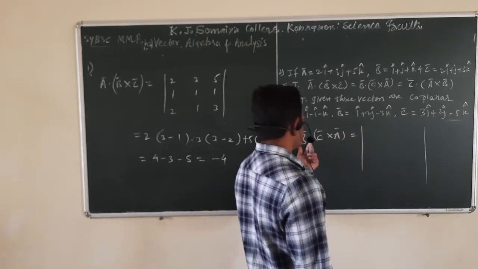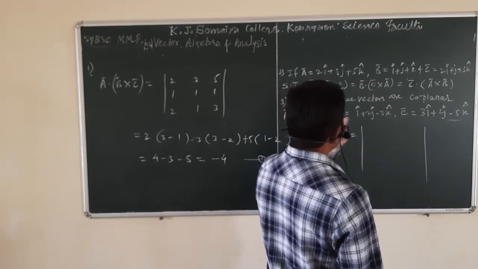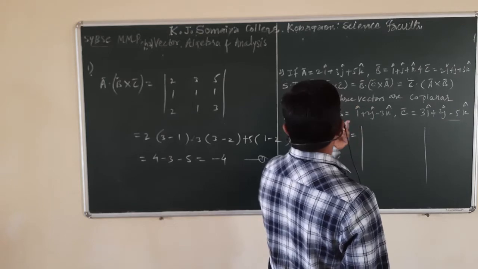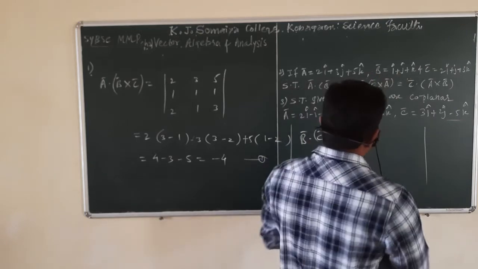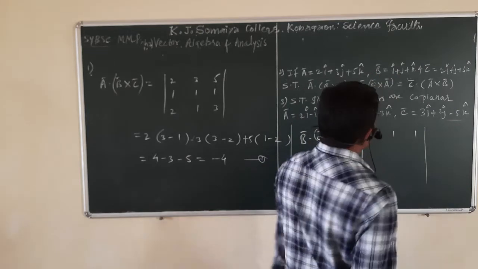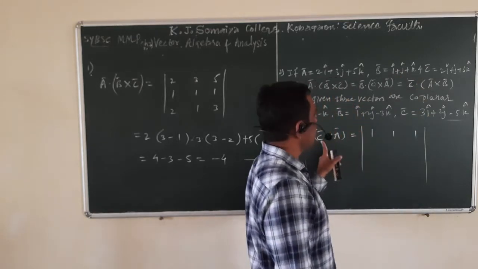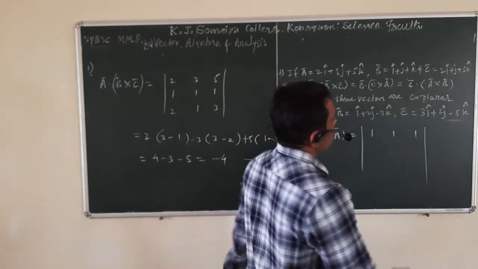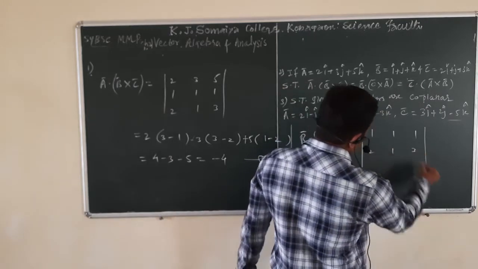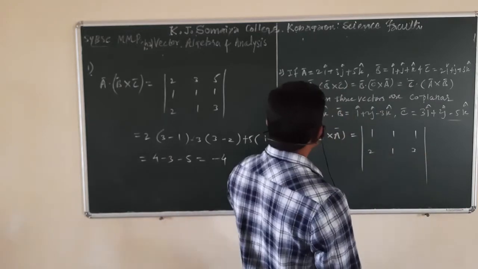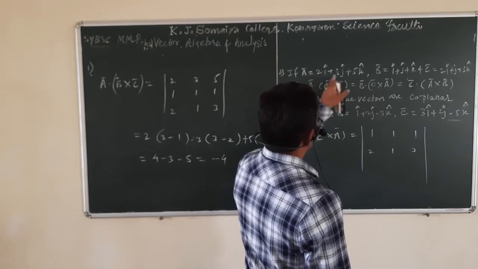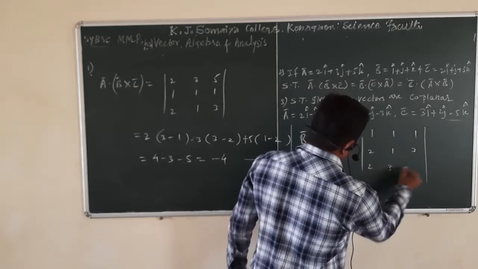Now first row is formed by vector B, and vector B is 1 1 1. Then second row is formed by vector C, which is 2 1 3, and third row is formed by vector A, which is 2 3 5.